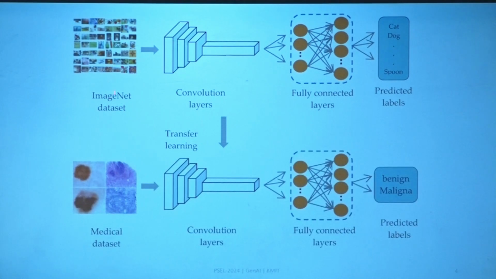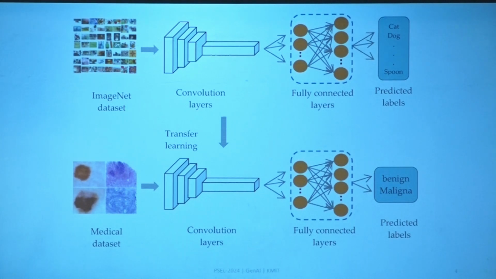One example of this: you can use the convolution model which has been trained on the ImageNet data set. ImageNet is a huge data set having 1000 labels, 1000 varieties of classification you can do on it.